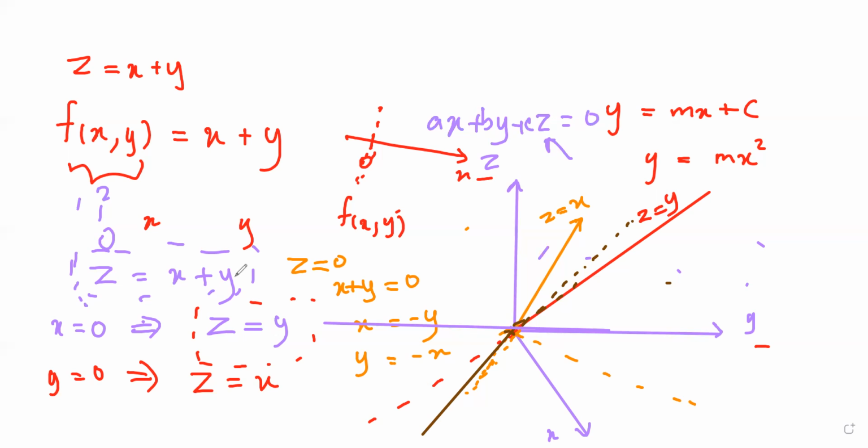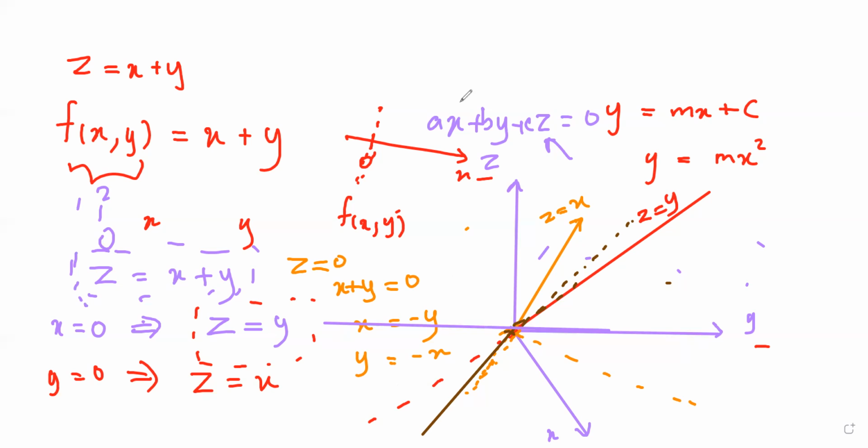So how to draw that? We are going to draw a plane surface, not a curved one, because we are having a straight line equation in x, y, z. It's going to be a plane equation, not a curved equation, because we don't have any squared or cubic or root or something. So we are going to have a plane surface, and also it should satisfy all these three lines.